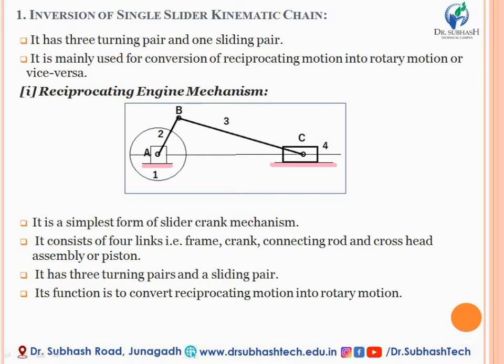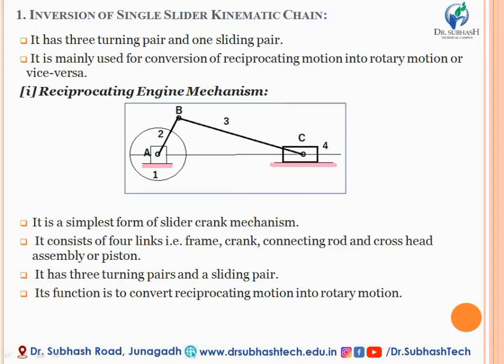So ultimately the reciprocating engine mechanism has 3 turning pairs and 1 sliding pair. Basically, this kind of inversion, the reciprocating engine mechanism, is used in IC engines, and in a number of machines and automobile vehicles.